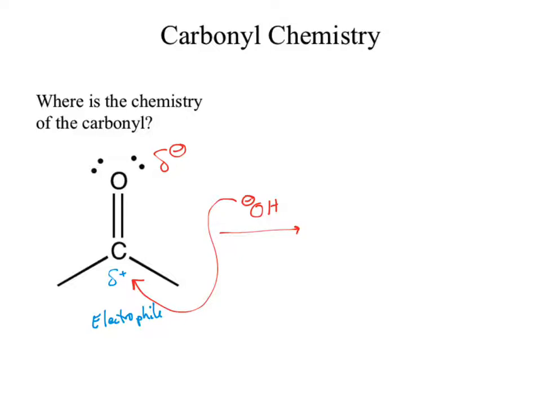Because OH is too small. What is the definition of a base? Reacts with hydrogen. It's not reacting with hydrogen. It's reacting with the carbon. By definition, this is a nucleophile. Okay? When we run that reaction, what would we expect to see as a product?